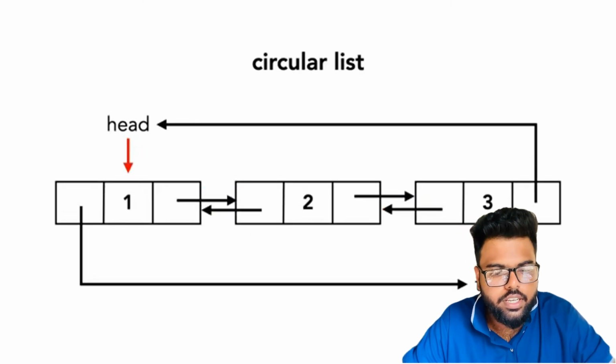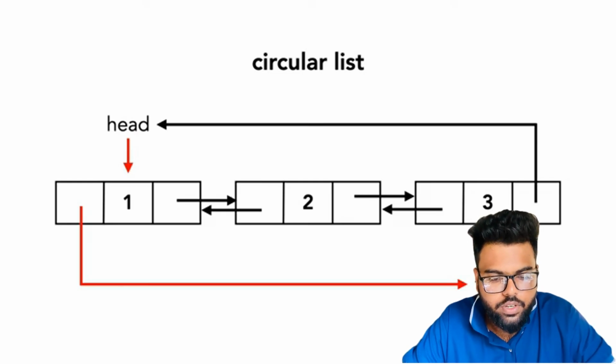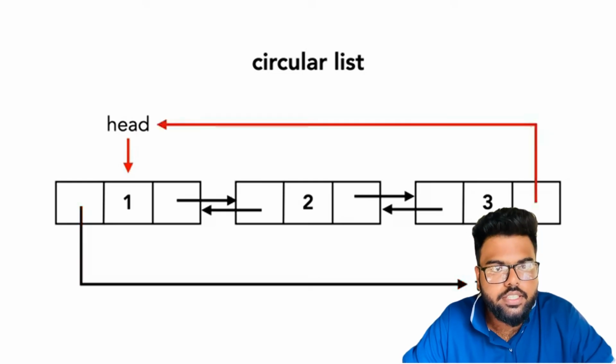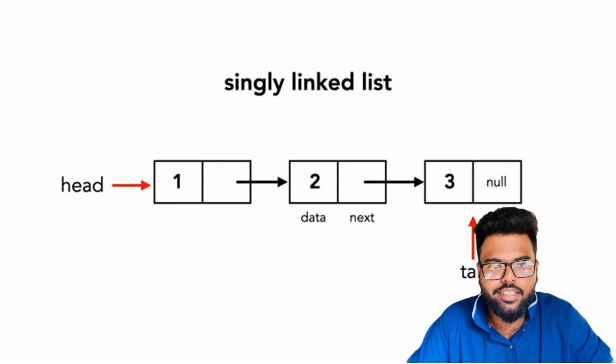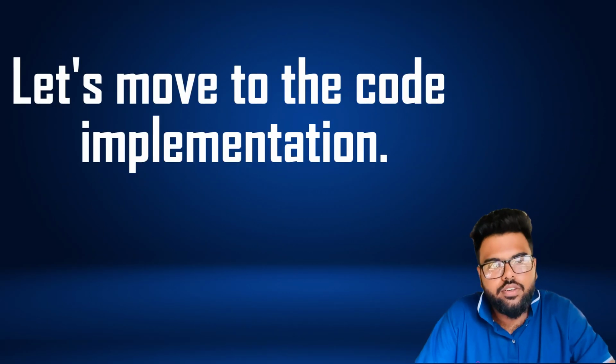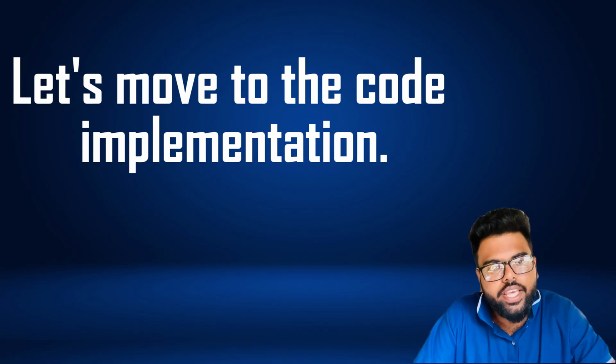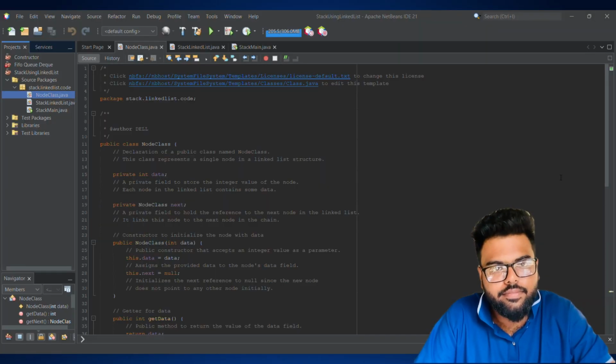The last node connects to the first node. You can start at any node and eventually return to the starting node. I selected the singly linked list. So we know what a stack is and what a linked list is. Now we can implement the list stack.